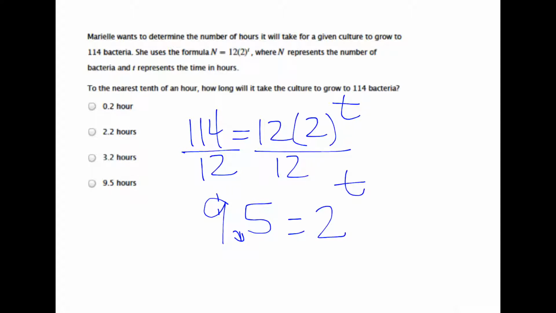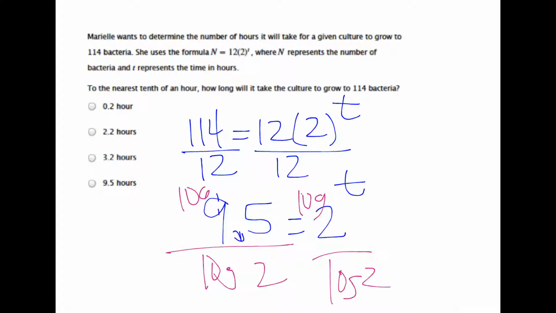You have to log it and divide. So log 9.5 divided by log 2 is 3.24. So 3.2.